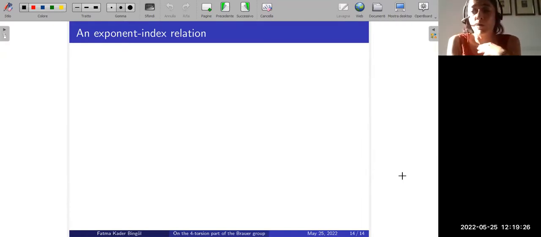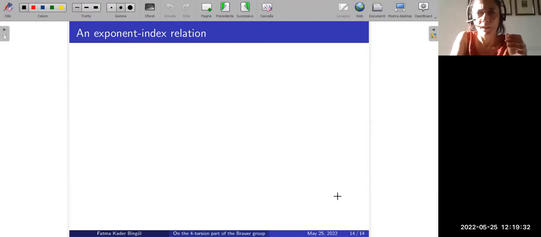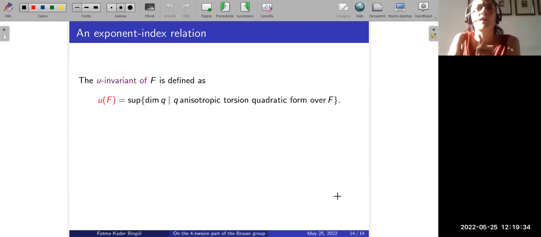All bounds we obtain are in terms of the u-invariant. Let me recall first: the u-invariant of F is defined as the supremum of dimensions of anisotropic torsion quadratic forms over F. We obtain bounds for exponent-4 algebras defined over non-real fields.